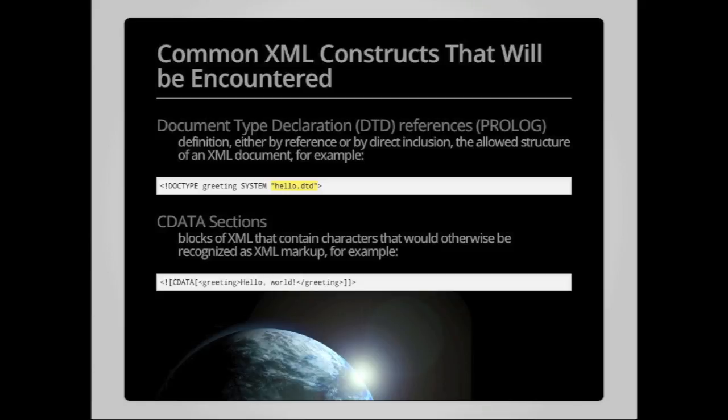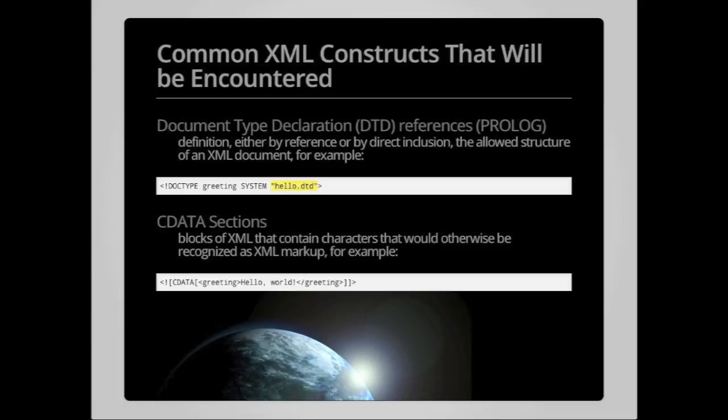Something else that you may see in XML documents are known as CDATA sections. Because of the structural requirements of XML and the use of some particular characters in defining the structure of an XML document, there are going to be instances where you may need to use those characters as a part of the content of a document as opposed to defining the structure of a document.